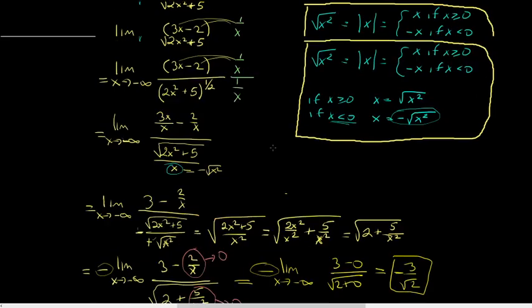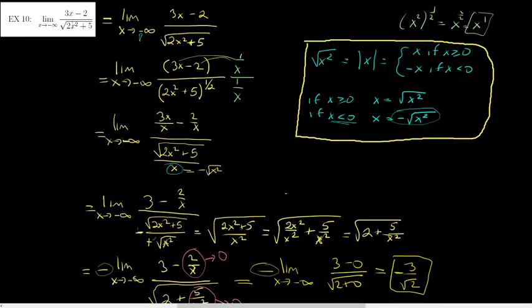And that's our final answer, right? So that answers the original question. Sorry, what is the limit as x goes to negative infinity of 3x minus 2 over square root of 2x squared plus 5? That's a mouthful. Well, now we have our answer, right? The answer is way down here, negative 3 over the square root of 2. I already told you many times that you can leave your answer with an irrational denominator.